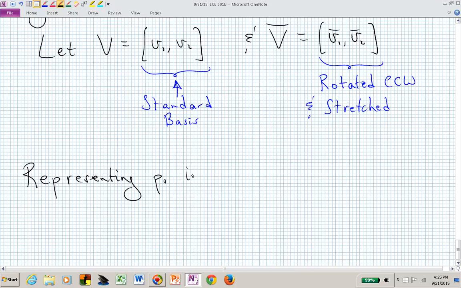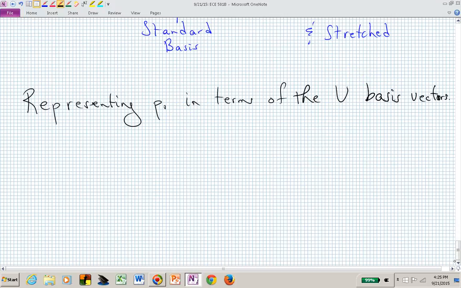Representing P1 in terms of, let's say, the V basis vectors allows us to say we want V, where capital V now has the columns V1 and V2.